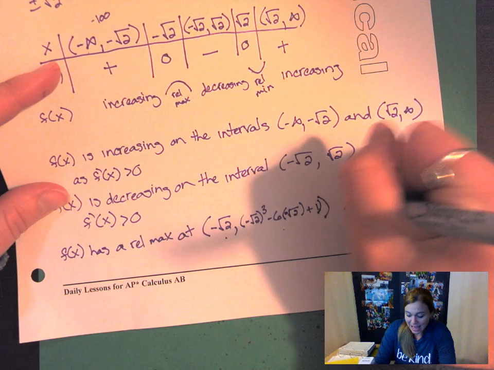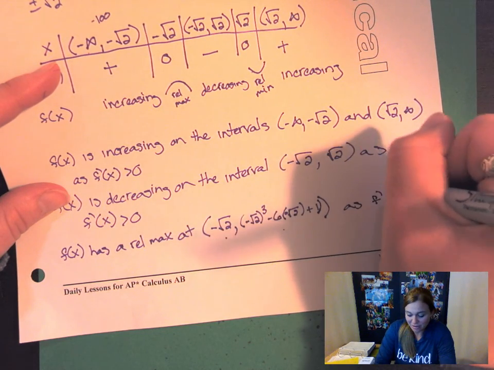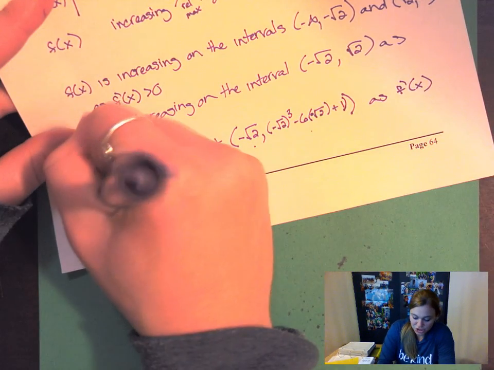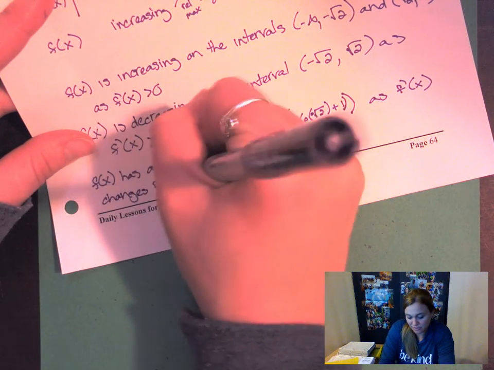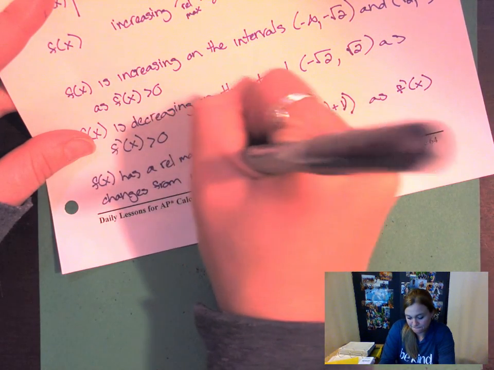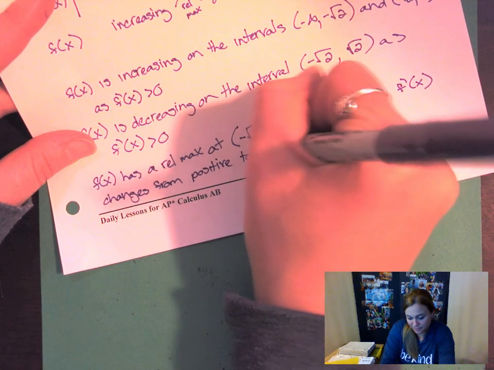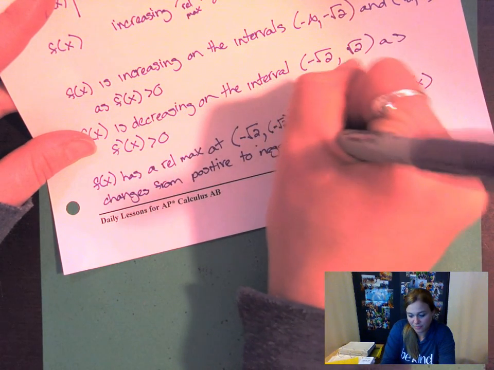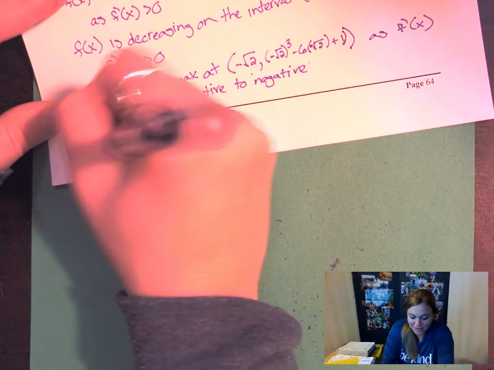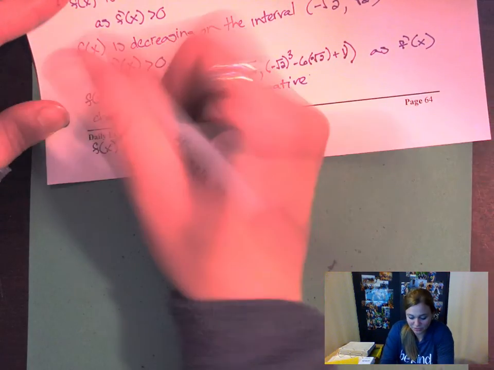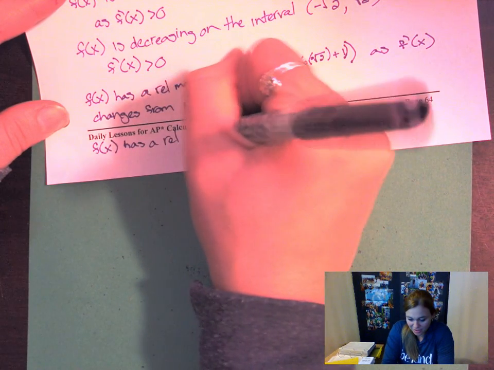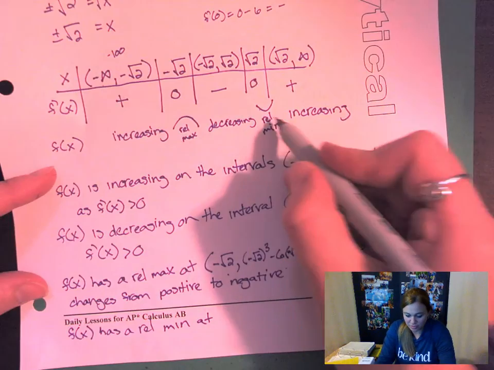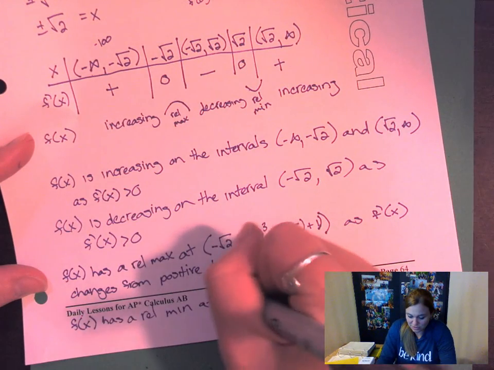And this is my justification, as f prime of x changes from positive to negative. Okay, and then another one, last thing. Oh man, I'm even going off the page here. I should have written smaller. f of x has a relative min at, I'm going to go up here, x equals square root of 2.